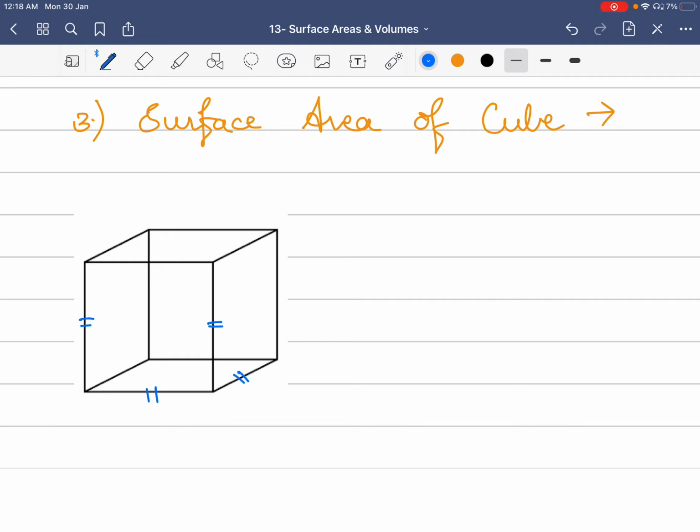Why? Because it's a square, and all the sides of a square are equal to each other. So let's say the side of a cube is of the length a.